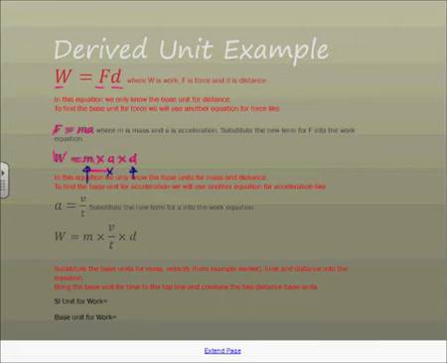So finding that one, we use the equation for acceleration. Now, acceleration is equal to velocity divided by time. Okay, we'll substitute that into the work equation. You get work equals mass times velocity divided by time multiplied by distance. Now, we already know the velocity derived unit from the last slide, so we'll substitute that into here for velocity.